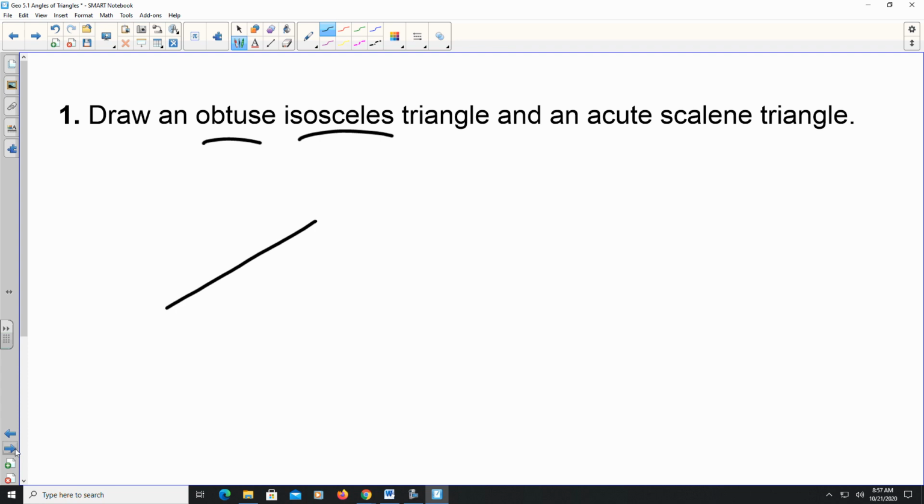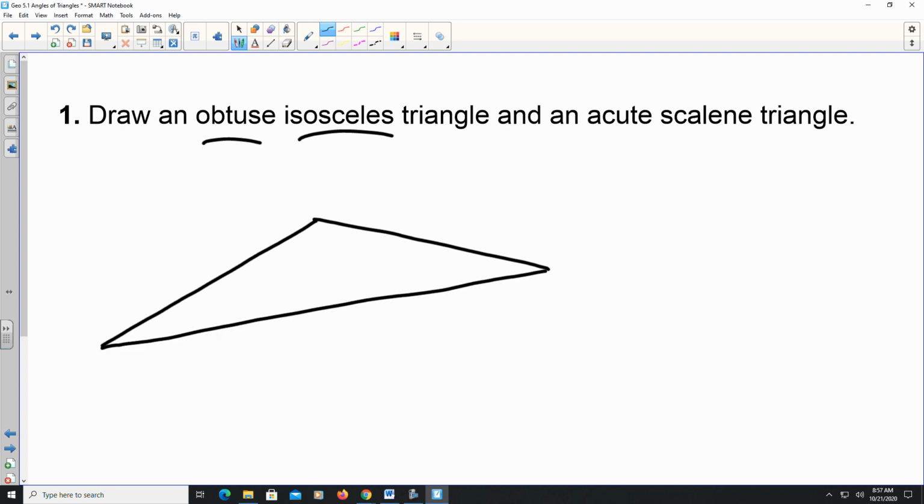So I'm going to try to make this angle right here greater than 90 degrees by the definition of obtuse. But I'm also going to put hash marks here and here to illustrate that those two sides are supposed to be congruent. So that would be my obtuse isosceles triangle.